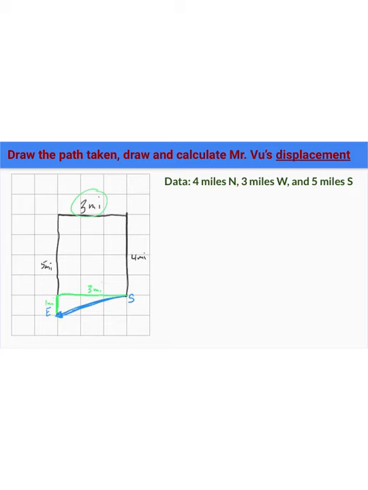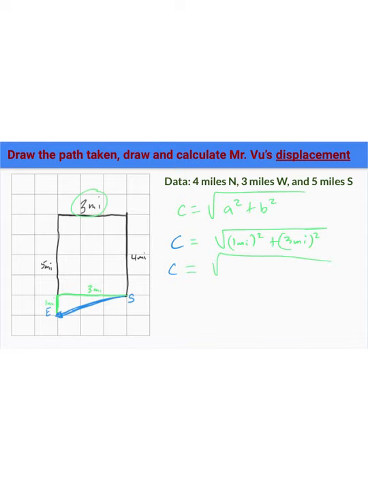So the equation we had written down was C equals the square root of A squared plus B squared. It does not matter which green side you pick as A or B. So the two sides of the triangle, it doesn't matter which side you pick as A or B. So displacement, C, is now equal to the square root of A squared, so let's just say 1 mile squared, plus B squared, which is 3 miles squared.